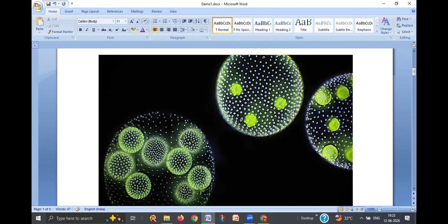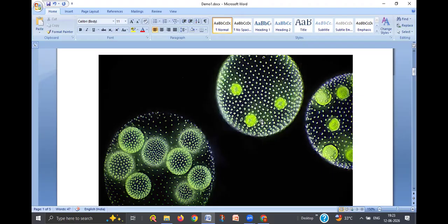Maybe a shopping complex; all of them use it commonly, but they live independently. Just like here also, there are several independent unicellular organisms, but they are all connected by cytoplasmic connections.